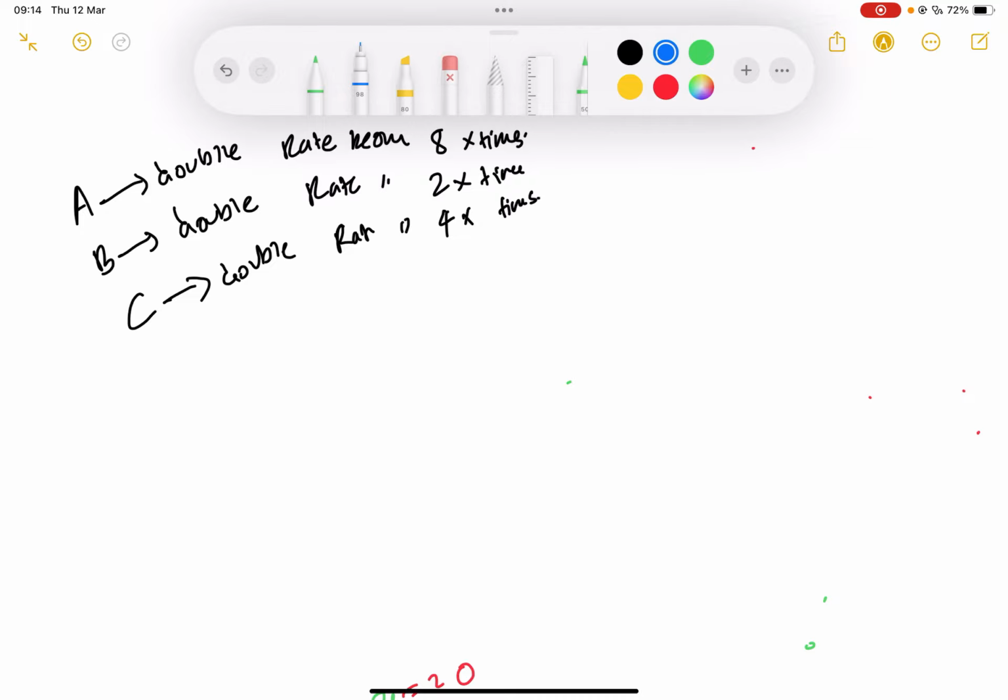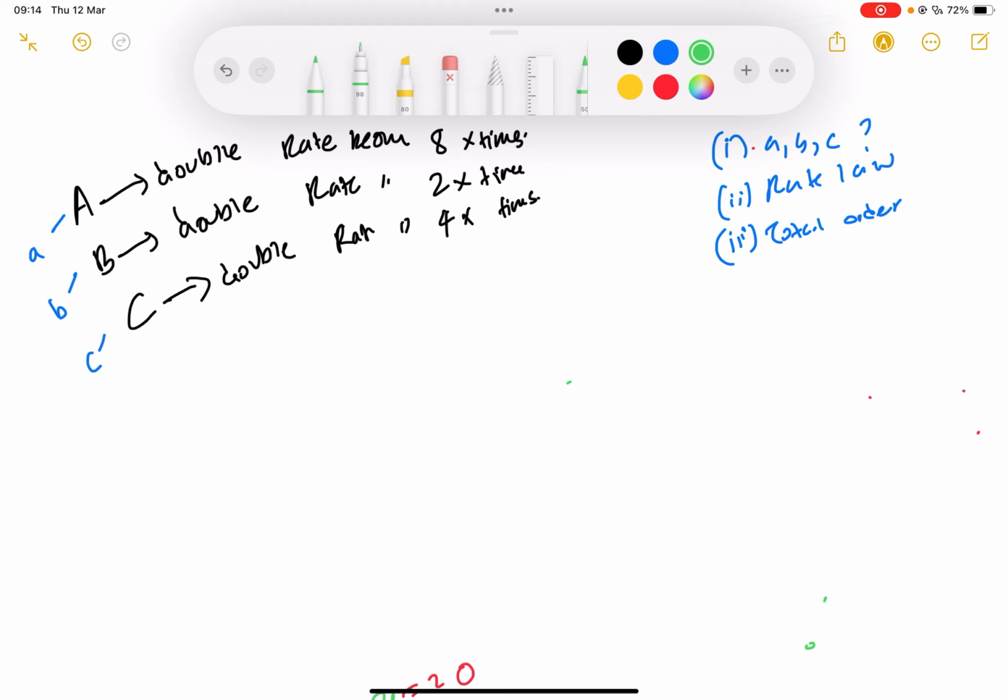Let's say the orders of this reaction are a, b and c. We don't know the orders of the reactants. First step is you have to find a, b, c, the orders of the reaction. Then you have to write the rate law, and then find the concept called total order. Total order means the addition of the orders of the reactants.